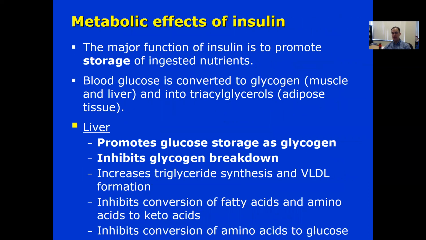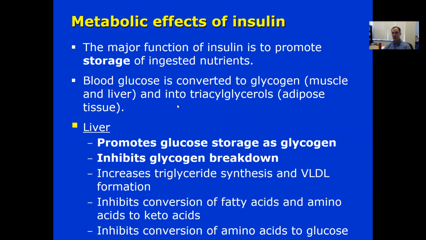So what is the role of insulin then? We've talked a little bit about the role of insulin with the pathway of the skeletal muscle, but let's talk a little bit more in detail because this is going to be very, very important as we especially go into lesson number 5. But the key thing to understand here is that the major function of insulin is to promote storage of ingested nutrients.